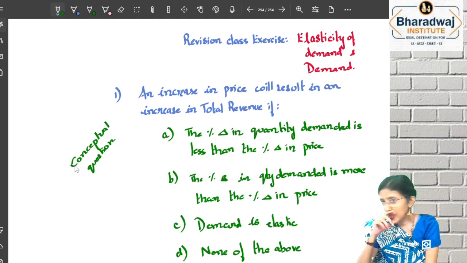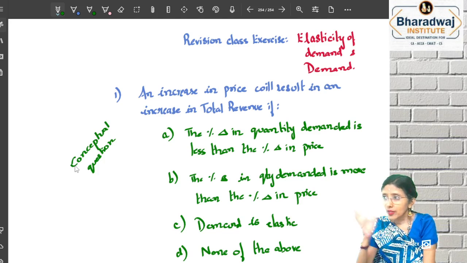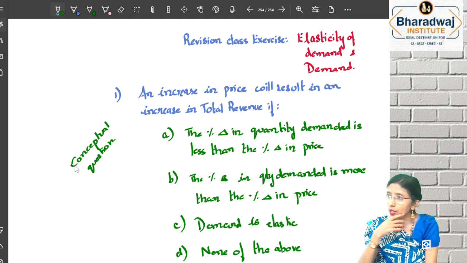So, imagine there is an increase in the price. Leave alone the total revenue. When there is an increase in the price, what will be the degree of responsiveness of the quantity demanded? Generally, it will be lower, isn't it? It will be less.